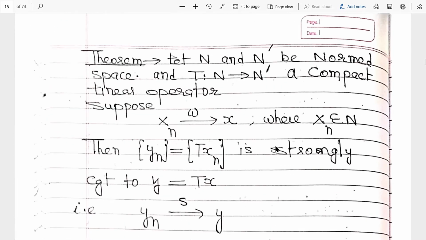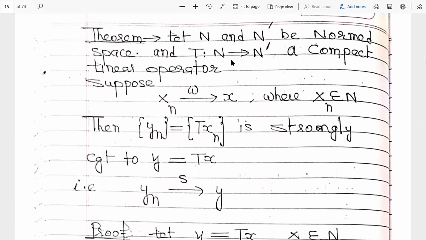Now next is again a very important result. Let N and N' be normed spaces and T: N to N' a compact linear operator, that is given.